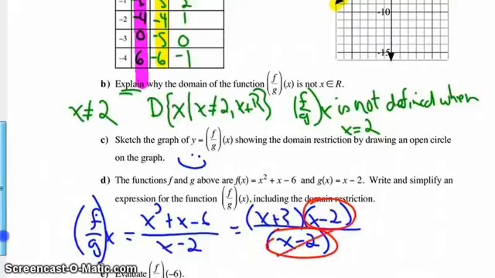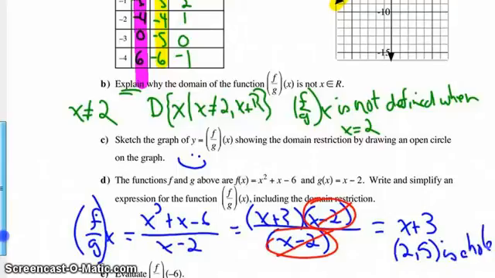If we algebraically simplify it, we essentially have in our blue graph a graph of the line x plus 3, except it has a hole at 2, and that hole is at 2 and 5. You can't step there.